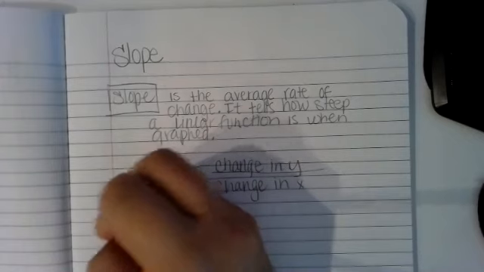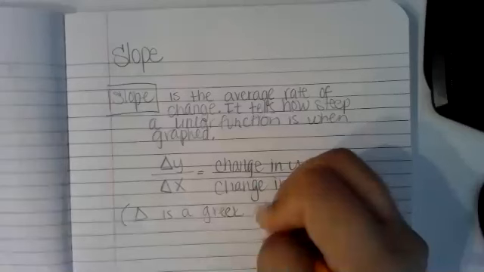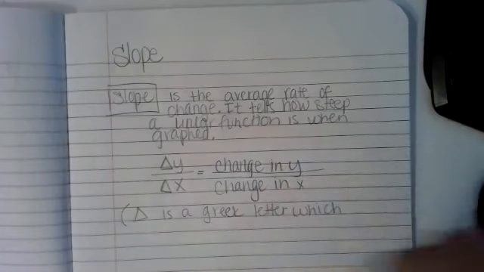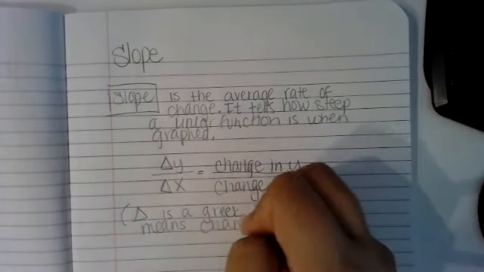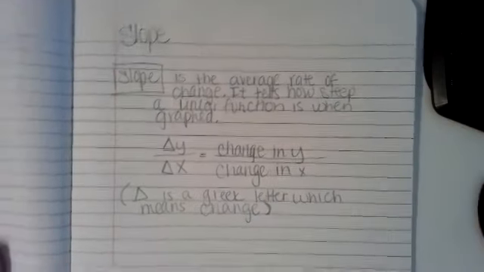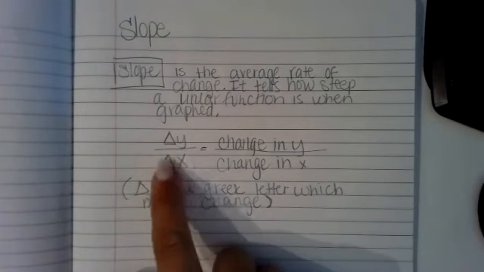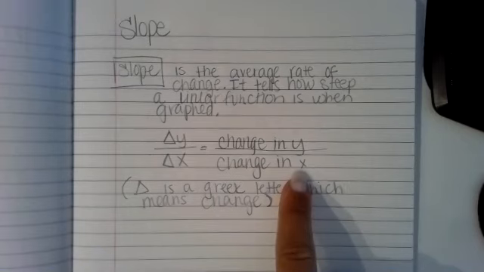Delta is a Greek letter which means change. So delta y over delta x means the change in y over the change in x, just like constant rate of change in course 2. Everyone okay with that? Feeling good so far? Okay.